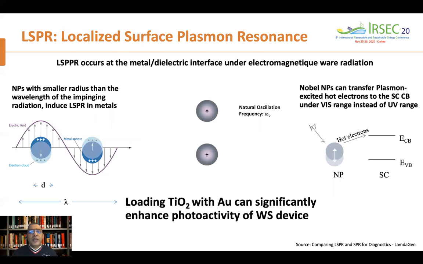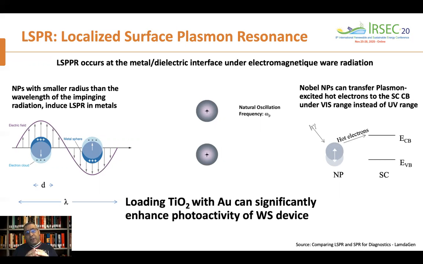So I will say a word here about localized surface plasmon resonance. First, surface plasmon resonance happens when we shine electromagnetic waves on a metal. When we shine a material surface with an electromagnetic wave, we have an electron cloud charge moving on the surface.